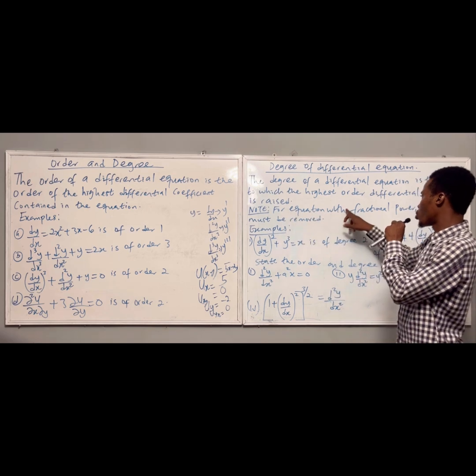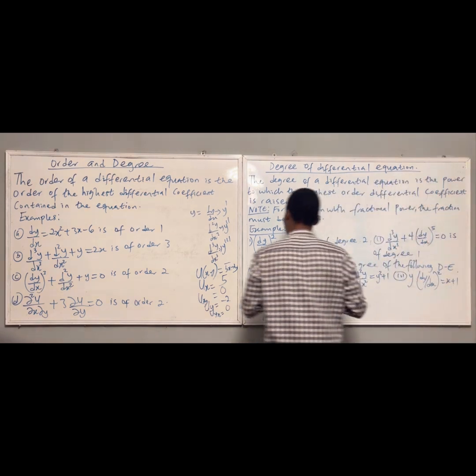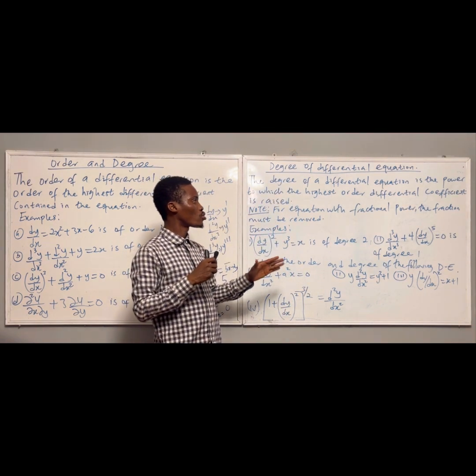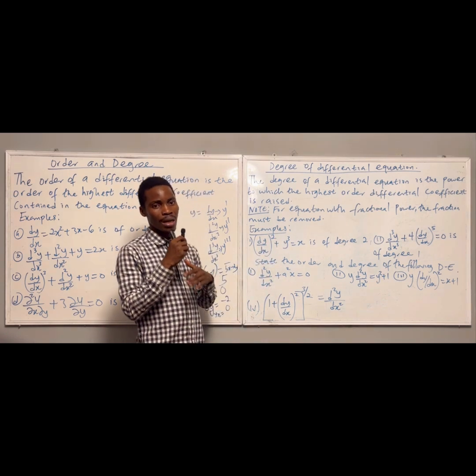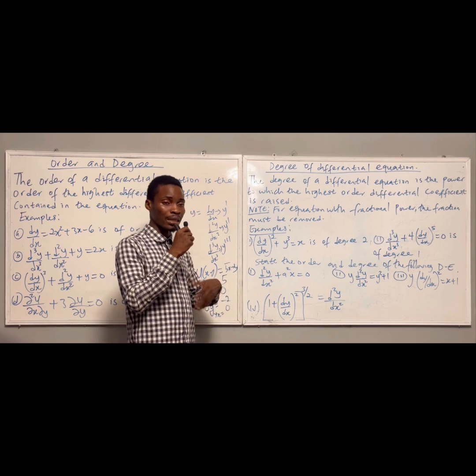Note, for an equation with a fractional power, the fraction must be removed. For us to know our degree, if you have a fraction, it means we have to eliminate the fraction so we can get a value. We cannot get a fraction as a power.